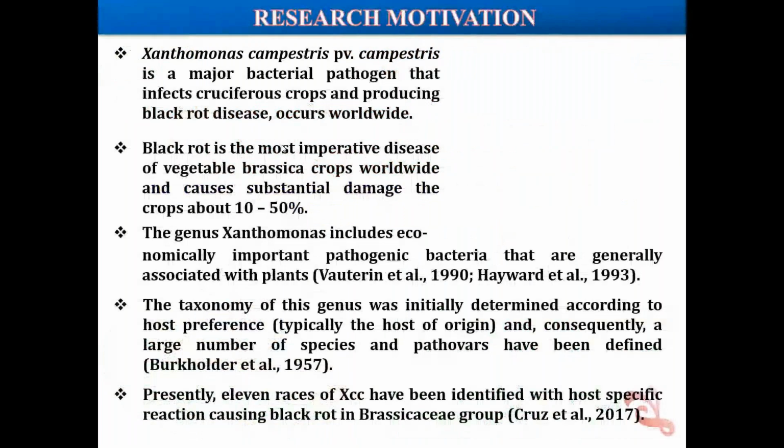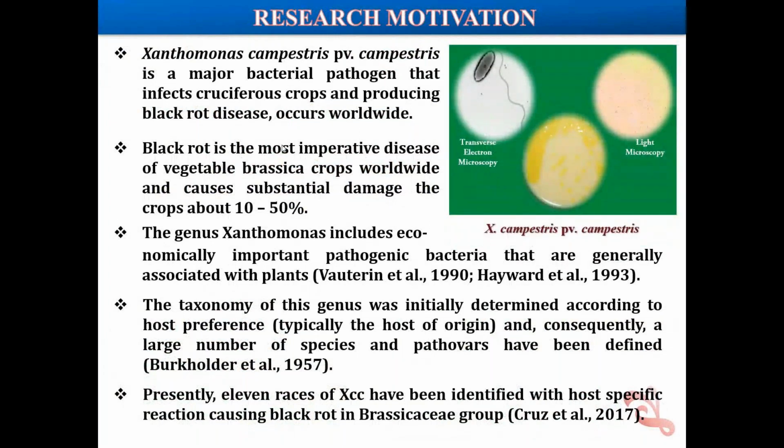My research motivation: Xanthomonas campestris pv. campestris is a major bacterial pathogen that infects most of the cruciferous crops, including cauliflower, cabbage, and other vegetable crops. The disease causes substantial damage of up to 10 to 15% on a yearly basis. The genus Xanthomonas includes most economically important pathogenic bacteria that are generally associated with vegetable plants.